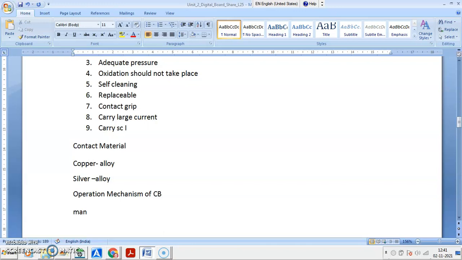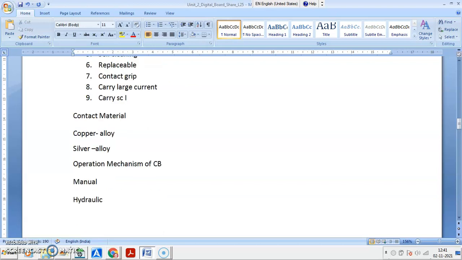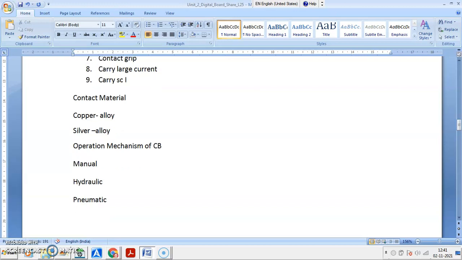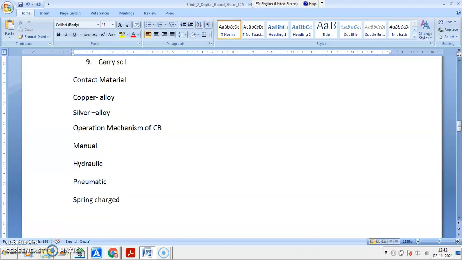You may have manual, you may have hydraulic operation, you may have pneumatic operation mechanism, you may have spring charge operation, you may have solenoid mechanism for operation.